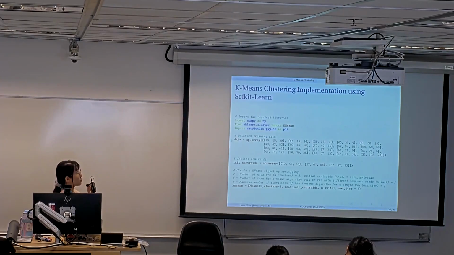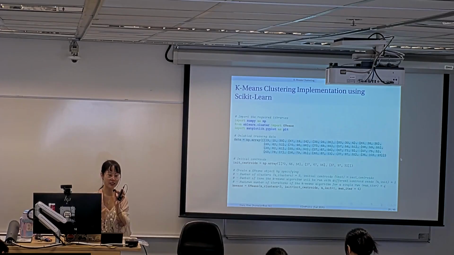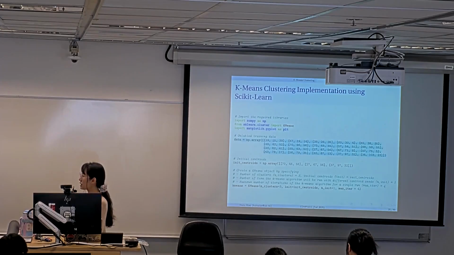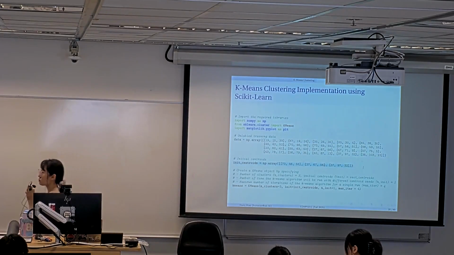Then we first form our training data. Our training data is some unlabeled training data. We only have the features. So we formulate it as a 2D array with the shape (20, 3): we have 20 data points, and 3 features here. And then the initial centroids, we just set to be another 2D array. As you can see, the shape is (3, 3).